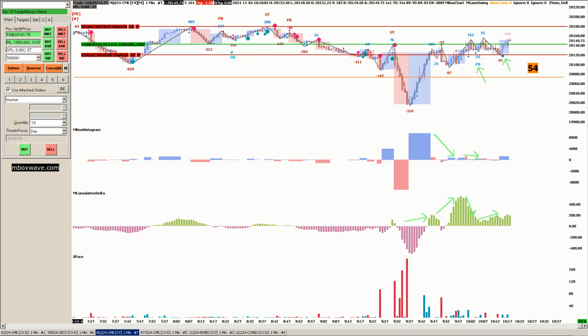The other thing that supports the long position, I would say, is that the selling here, the cumulative delta, dries up, and it dries up in the MBox histogram. So even though the buying is weak, we still have more buying than selling. And I put my take profit here, which is a resistance area.